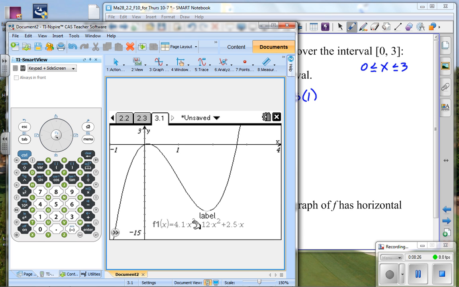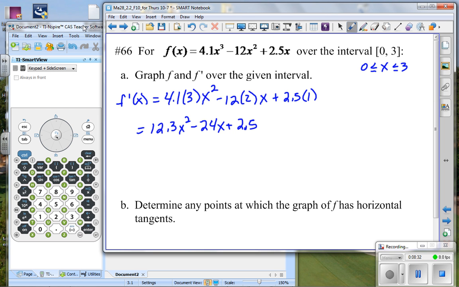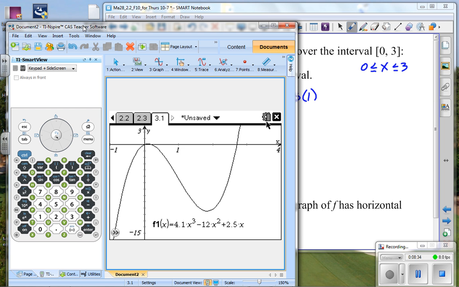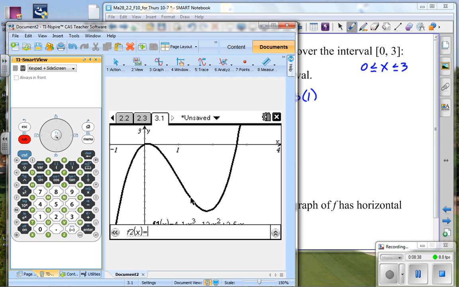Okay. We also want to graph the derivative, so we'll take a look at the derivative, and let's graph the derivative. Press tab, and we'll have that back again. So we want 12.3x squared minus 24x plus 2.5.